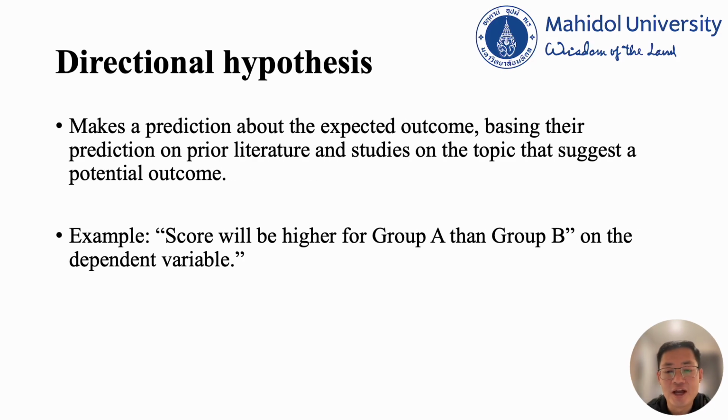A directional hypothesis is more specific. It not only predicts that a difference will occur, but also states the direction. For instance, Group A will score higher than Group B. This approach is used when existing theories or previous studies provide enough background to justify the prediction.